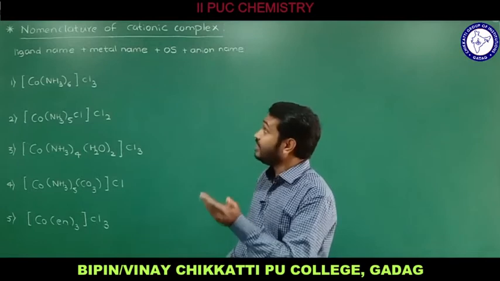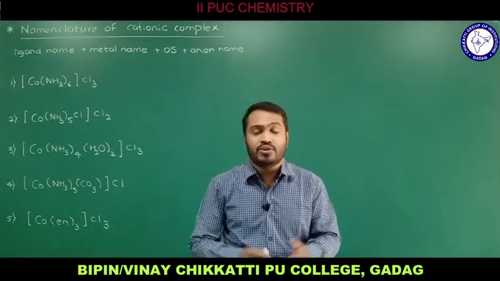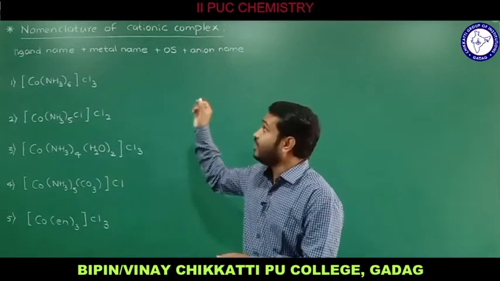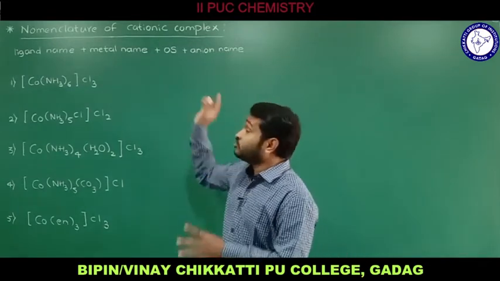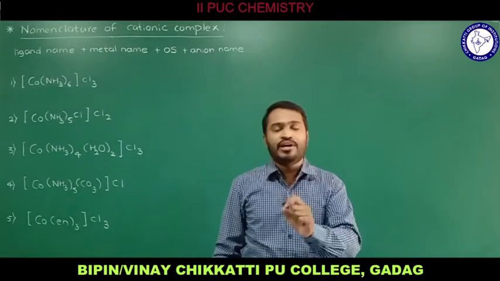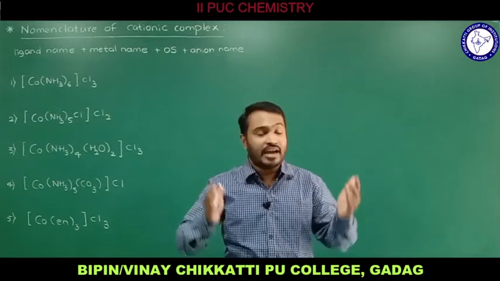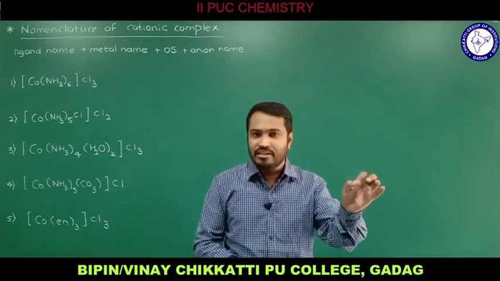Next, the metal name. Usually the transition elements form complexes because of their properties. Therefore, the metal name of the transition metal we are supposed to write. And after that, the oxidation state. You need to find out the oxidation state of the central metal atom or ion in a complex, and we know how to find it.